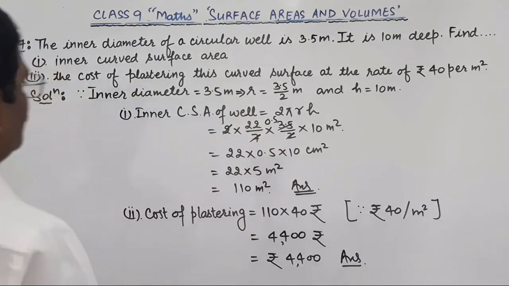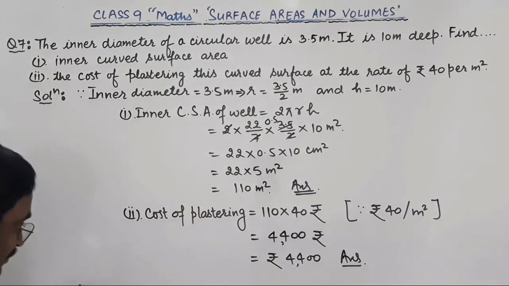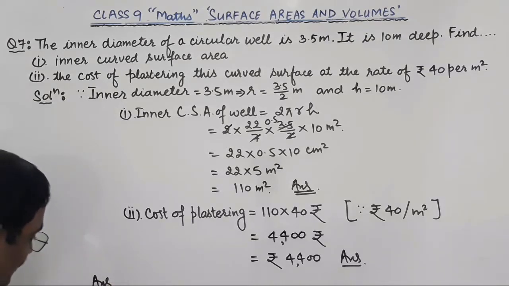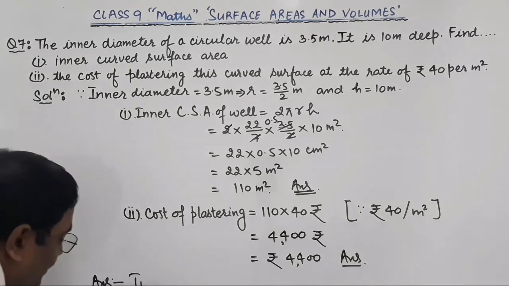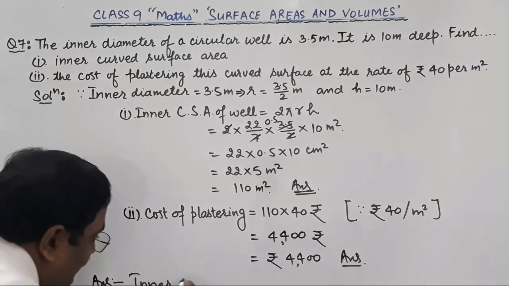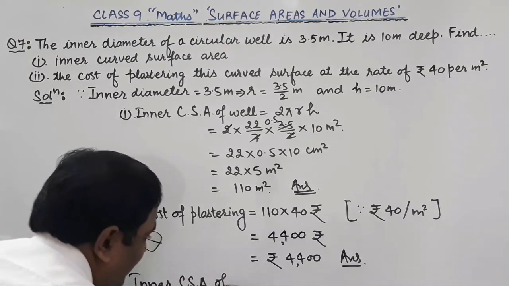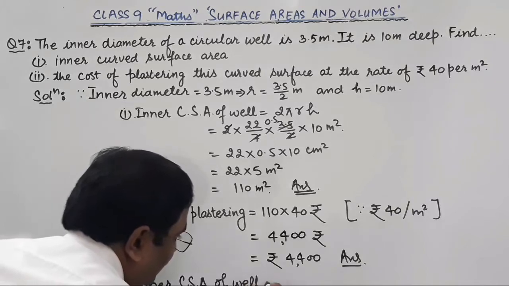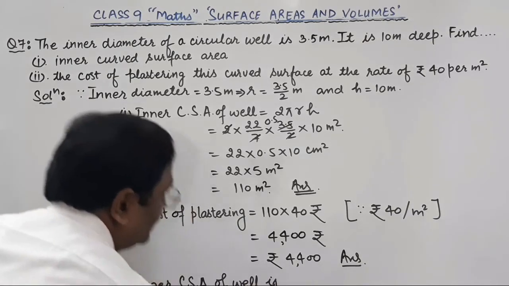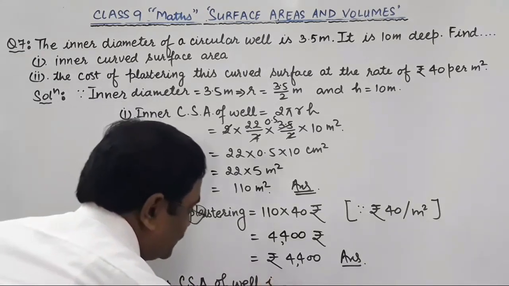Right friends? So therefore you need to write down the two answers. In the first, the inner curved surface area of the well is 110 meter square.